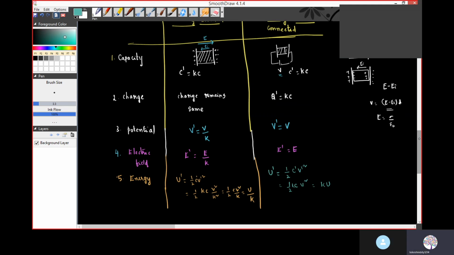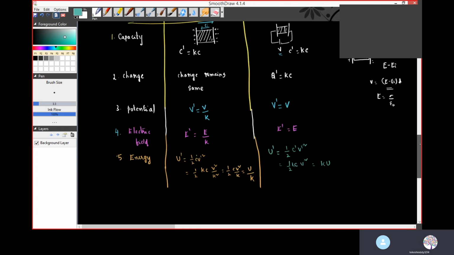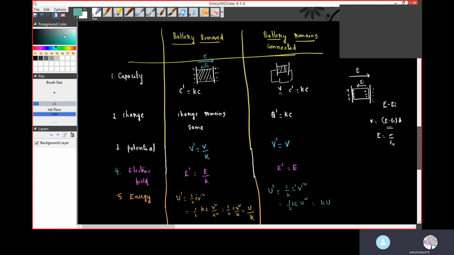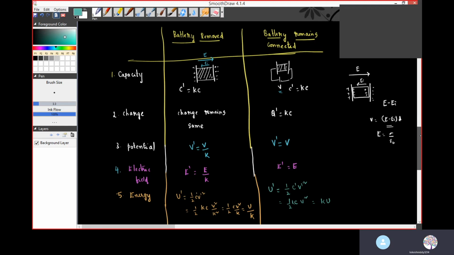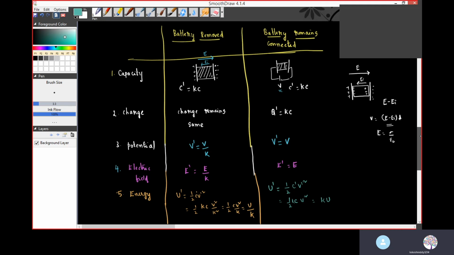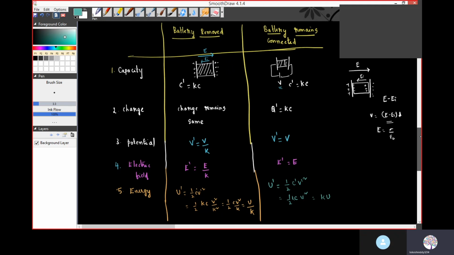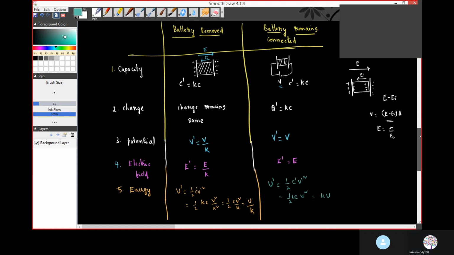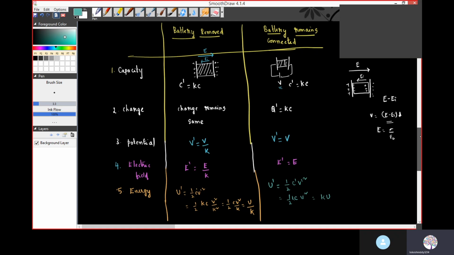If nothing is said, it is assumed that the battery is disconnected. If not given, then we will assume that the battery is disconnected. I'll be writing a couple of tables, so you may get confused.